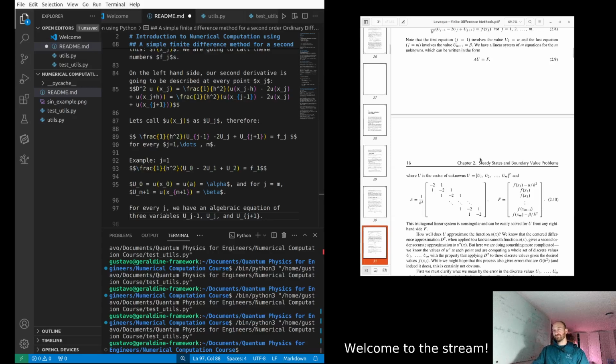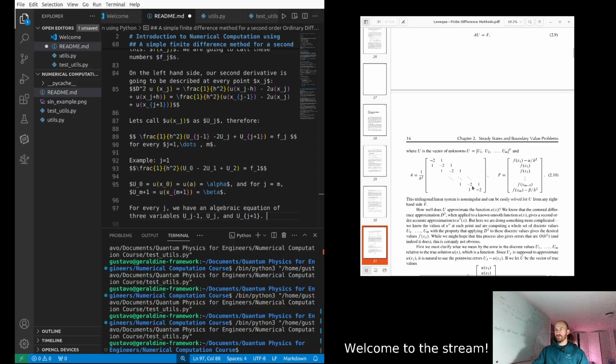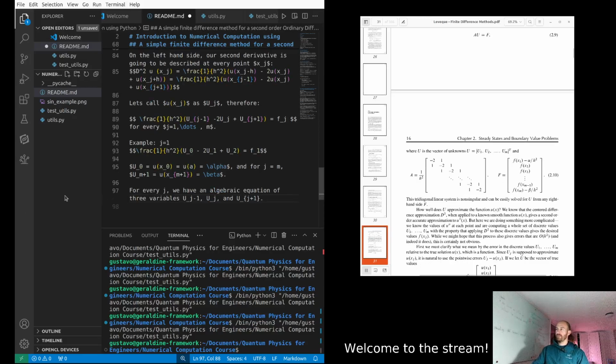And you can write this system of equations using this matrix here, and I'm going to copy paste this because it might be a little bit too long to write down.